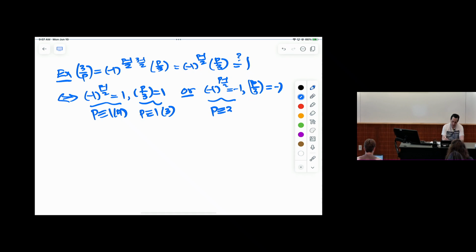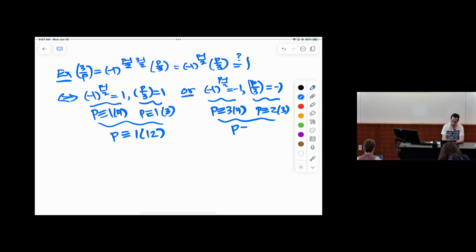This makes p 3 mod 4. And then the last option, p has to be 2 mod 3. Now you just merge the congruences together. Since the moduli are relatively prime, we can always glue them together by the Chinese remainder theorem, but it's a concrete example, so you just check out what happens mod 12, and this one is 11 mod 12. And so 3 is a square mod p exactly when p is 1 or 11 mod 12.